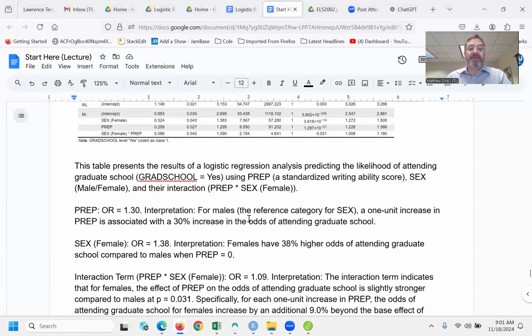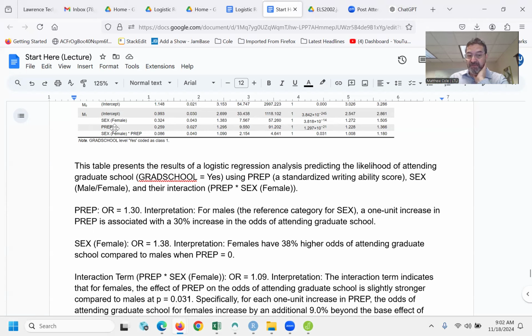Okay. So our odds ratio for prep alone was 1.3, right? For males, the reference category, a 1 unit increase in prep is associated with a 30% increase in the odds of attending grad school.